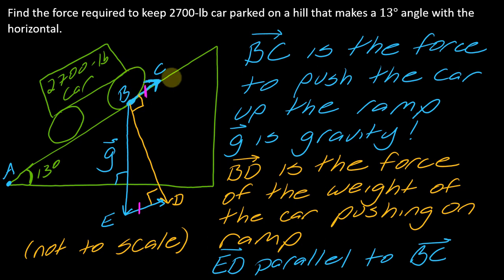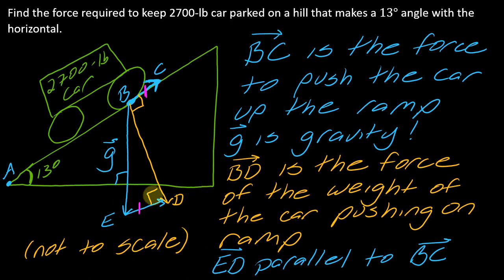They're equal to BC. So this force that we're looking to figure out, what does it take to keep this car parked on the hill, this is really what we want right here. We can find that with this analogous vector. So it's a lot. That's why you want to take a second to really draw everything.